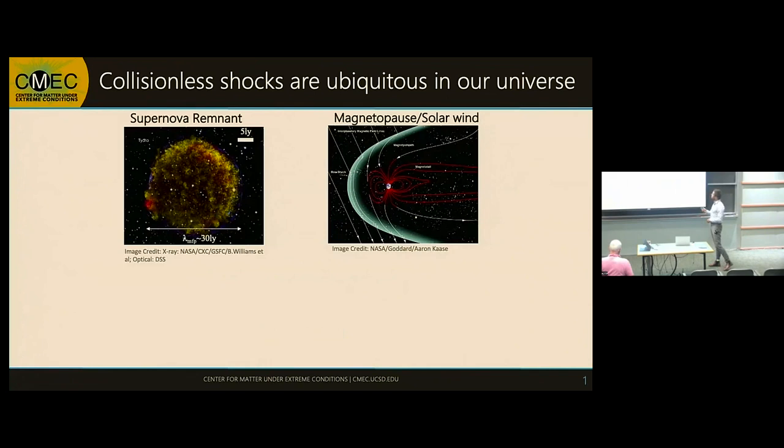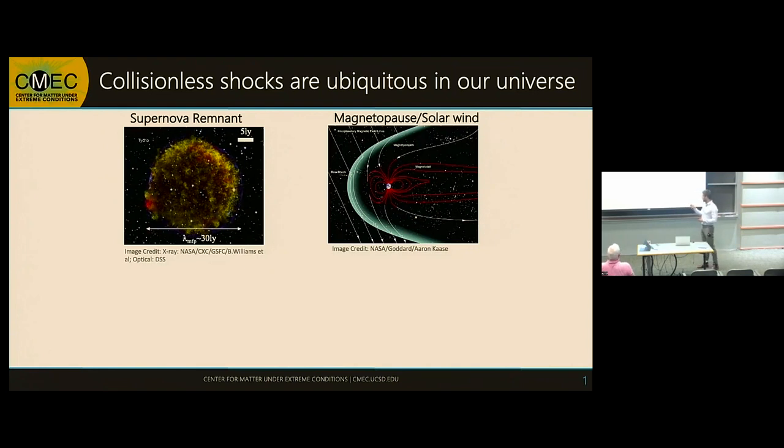So why are we interested in collisionless shocks? There are a number of observations of shocks in astrophysical contexts. Here I present two of them: a young supernova remnant and, closer to us, the magnetopause. By shock here, I mean we have an interface between a downstream region and an upstream region, the downstream region being the hotter and denser plasma.